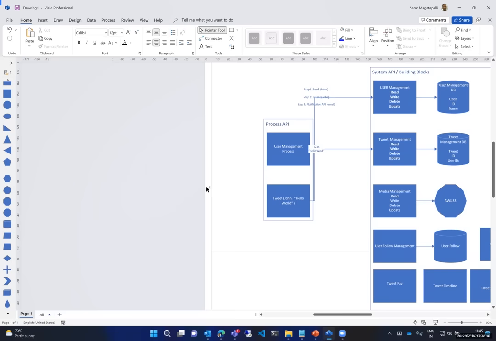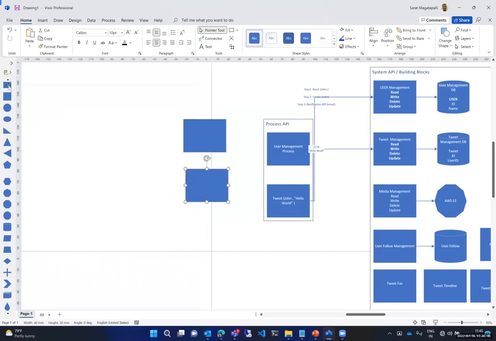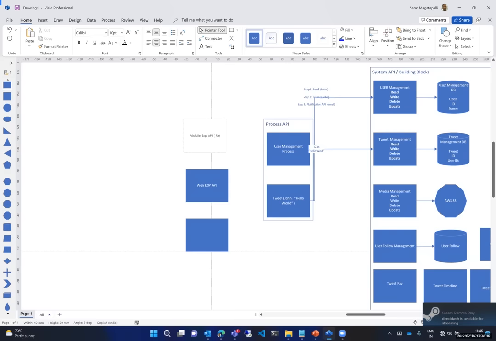So you build separate APIs for each and every channel as well. For example, for mobile, you will have a mobile experience API. For web, you have a web experience API. What this means is that the mobile API might have a request with 2 parameters and a response with 10 parameters.